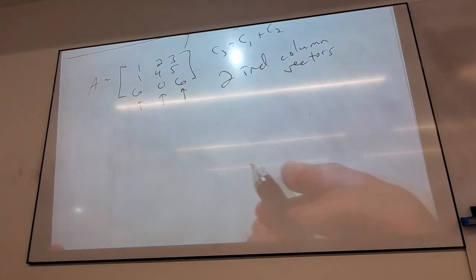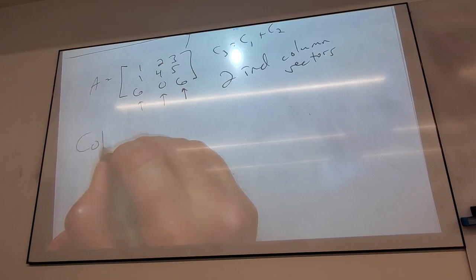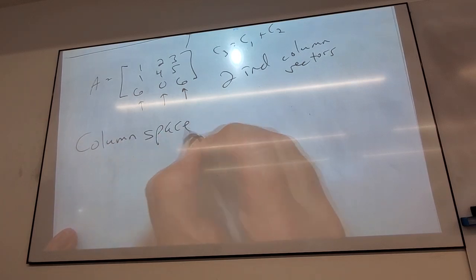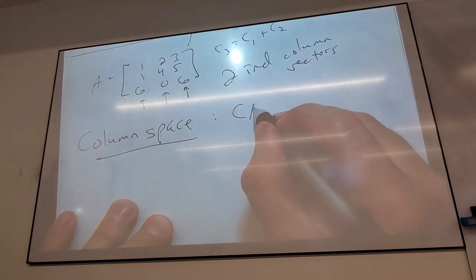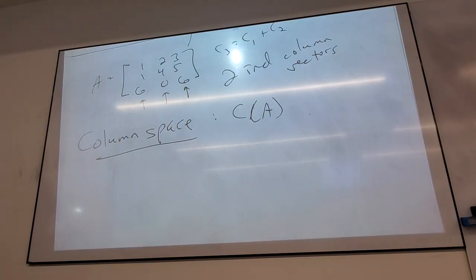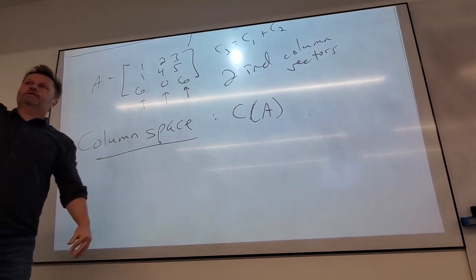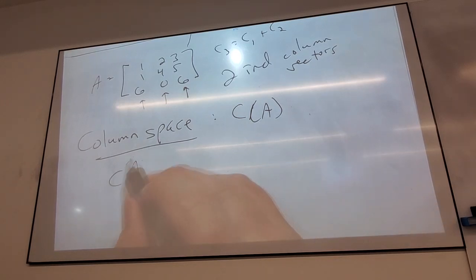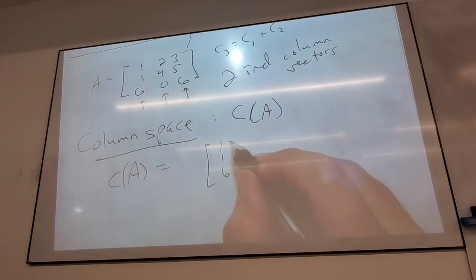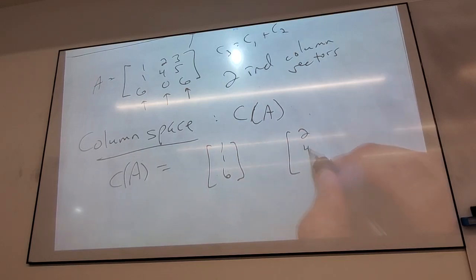In fact, since I just said that, let's talk about this term, column space. We use this for a specific matrix, the column space of A. So, in this problem, the column space of A can be created using what 2 vectors? 1 1 6, 2 4 0.